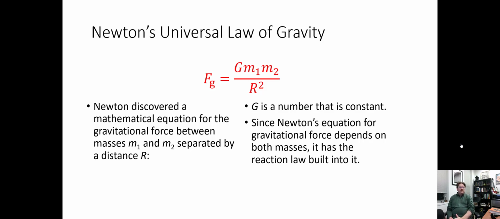G is known, again, imaginatively as the gravitational constant. It's one of the six fundamental constants in the universe. There is the gravitational constant, there's the Coulomb constant, the Planck constant, and a few others.